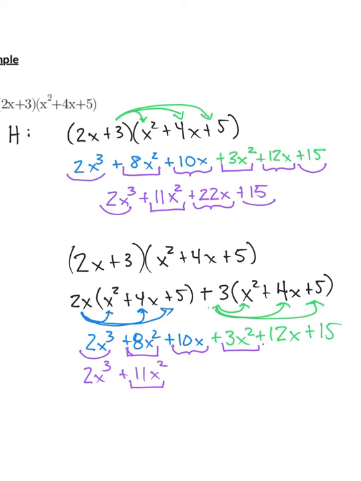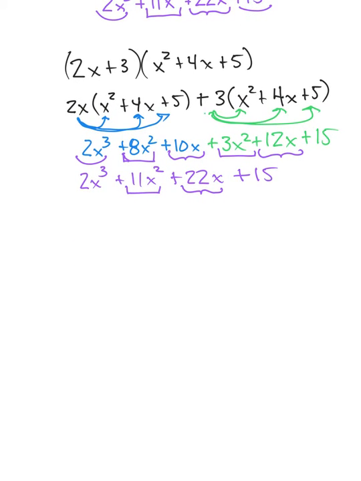My 10x and my 12x still combine to give me 22x, and I still have my plus 15. So basically, if you notice here, we're doing the same thing. It's just a matter of, are you doing it in your head or are you showing the step on paper? So now I'm going to show you another way that you can do this, which is vertically.